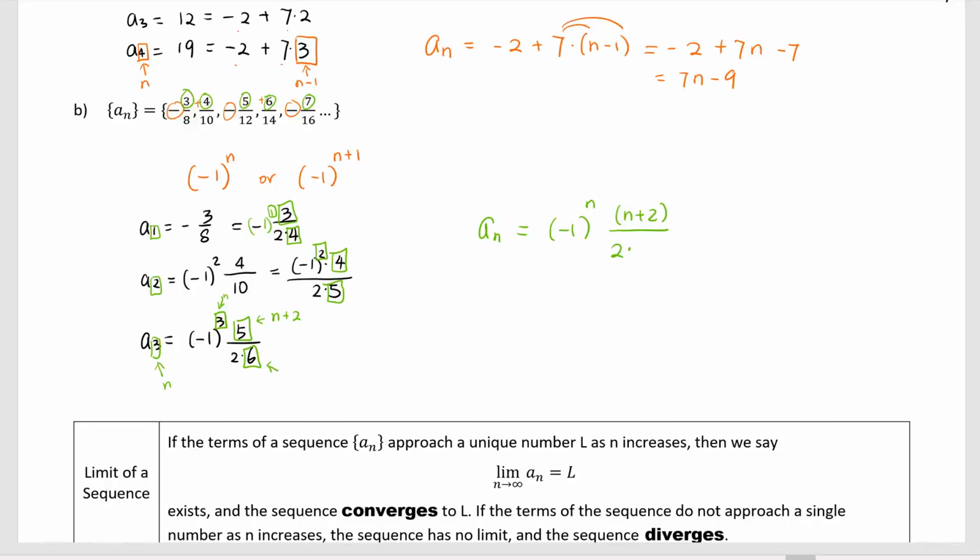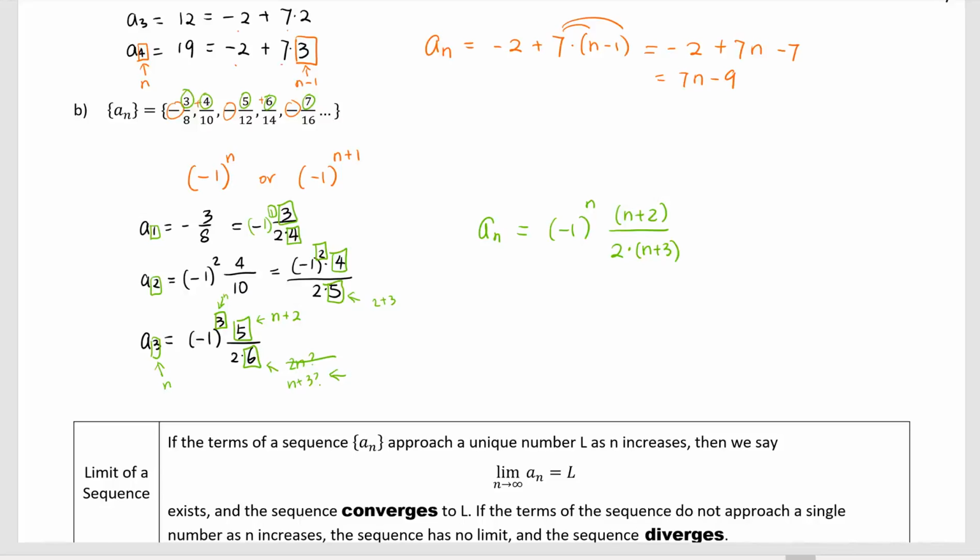But then which one? Do you want to put 2n, or you want to put n plus 3? Well, maybe we should look at the previous one. Let's look at 5. What's the relation between 2 and 5? Well, 5 is not 2 times 2, but 5 is 2 plus 3. Yeah, so we know the pattern is n plus 3.